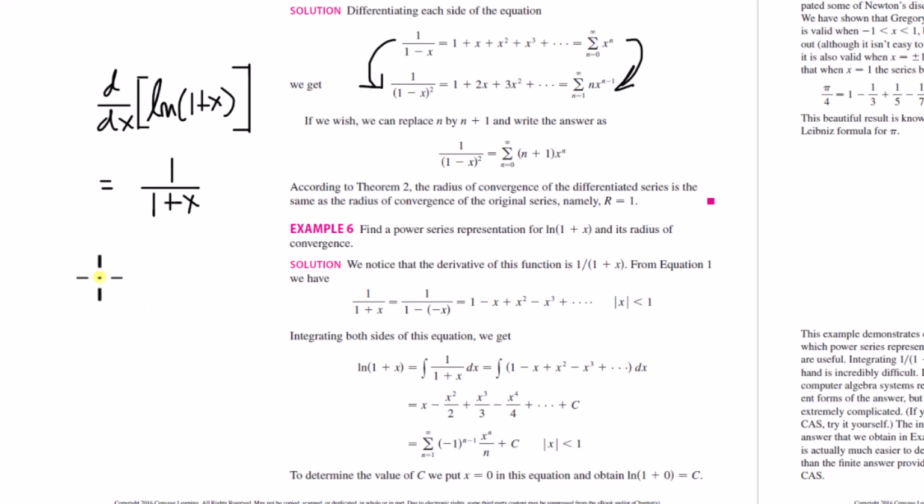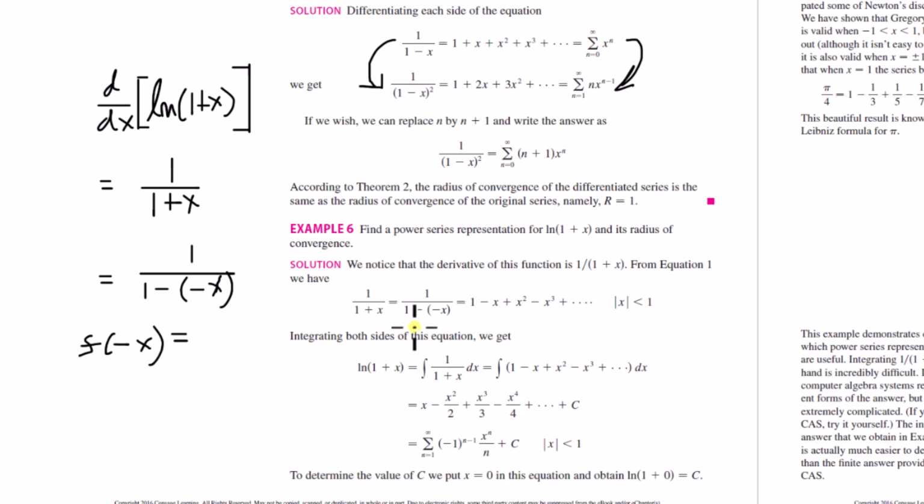We can write this as... okay, well, we already worked this problem. So what we can do is we take f of x, our base function, which was 1 over 1 minus x. We just put that as f of minus x, and we put minus x into the power series formula, right? Then we integrate that.